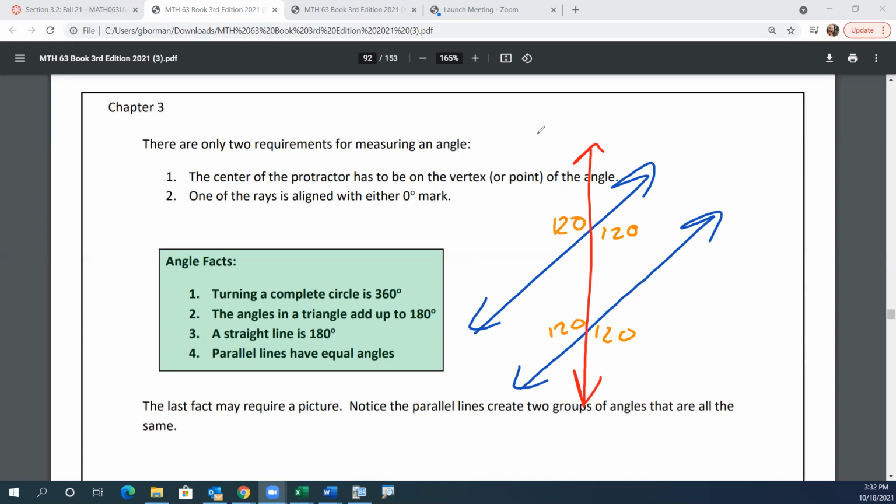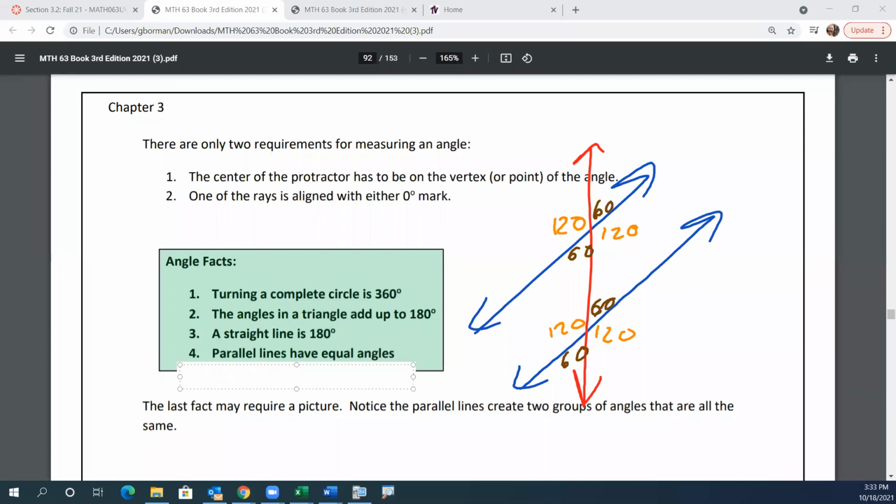And by the same token, let's see, using rule number 3, these have to add up to 180, this one and this one, which means this guy is going to be 60. And this guy looks to be the same, and so does this, and so does this. Okay, and so that is rule number 4. They look the same, they are the same, when you have a cutter or a line cutting across 2 parallel lines.